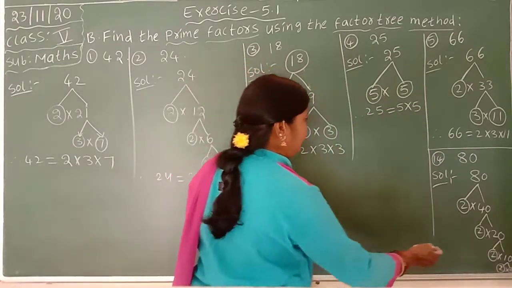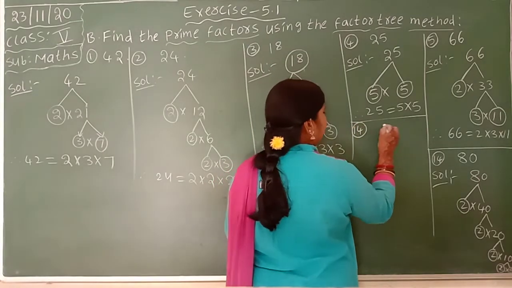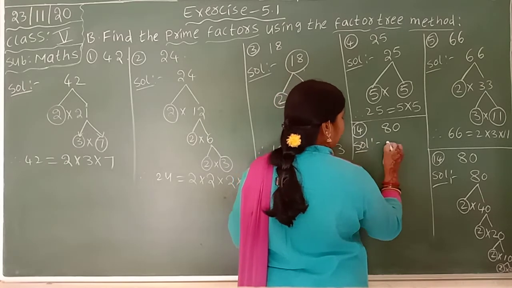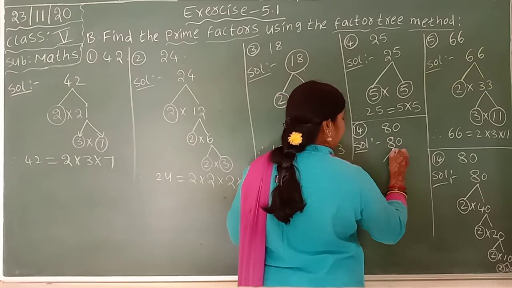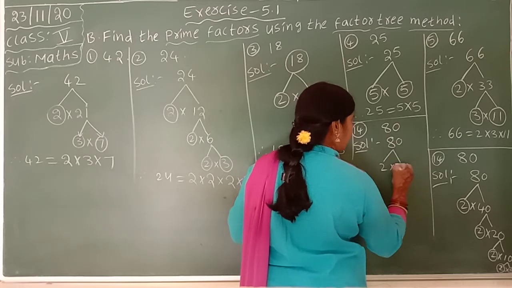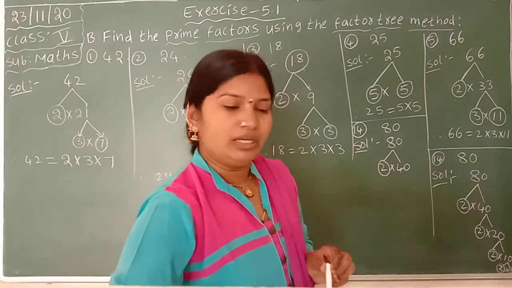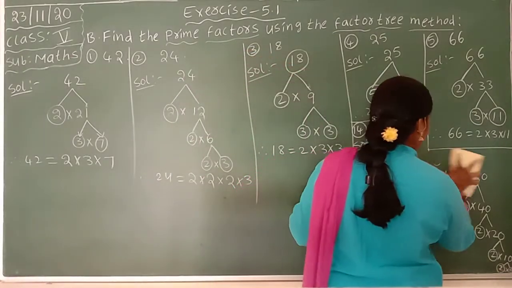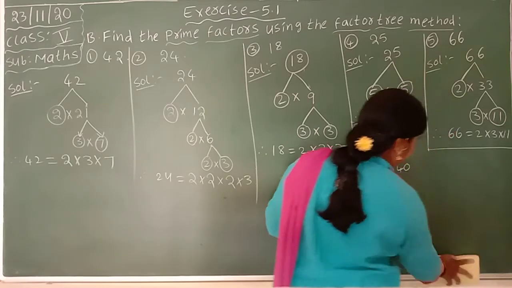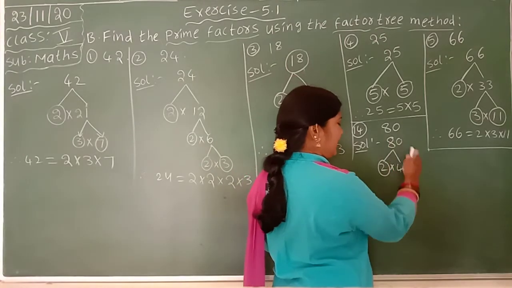Here, if there is no place, I am doing this problem again here. 14th one, 80. First, 80. 2 into, 2 fours are 8, 0. Circle the 2. Why? Because 2 is a prime number. Here we are multiplying these two numbers, and we will get this answer.